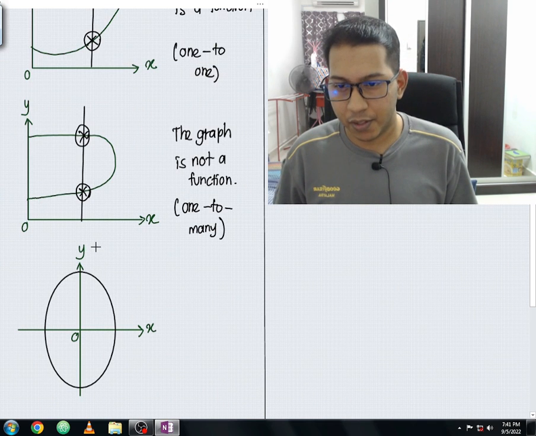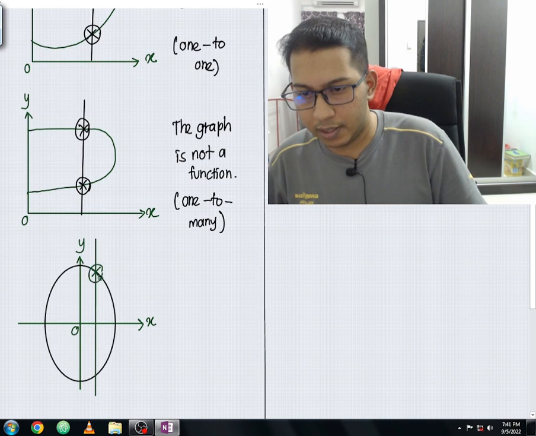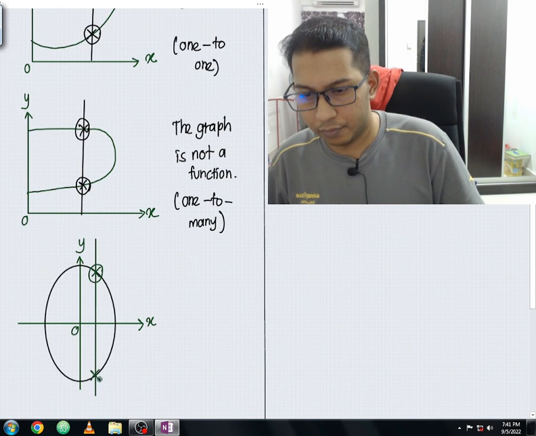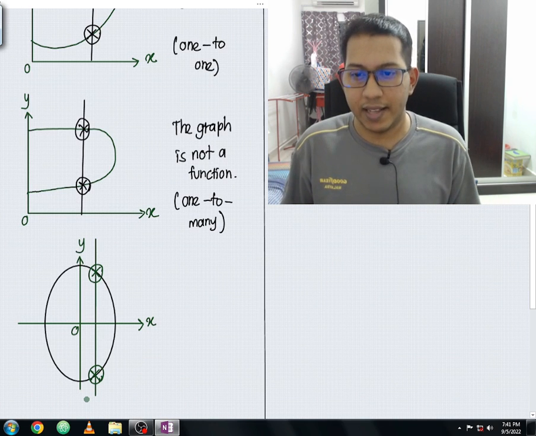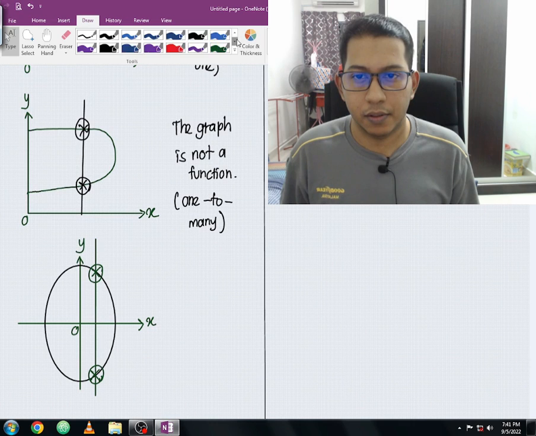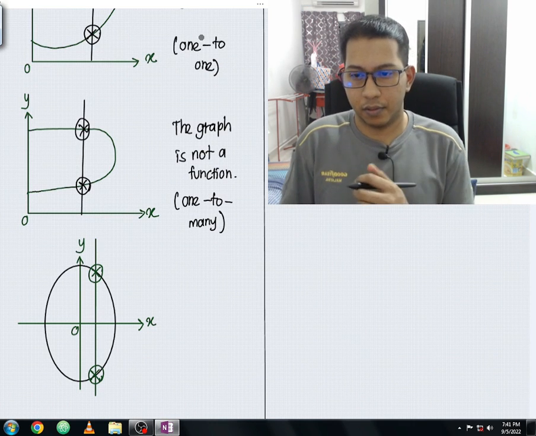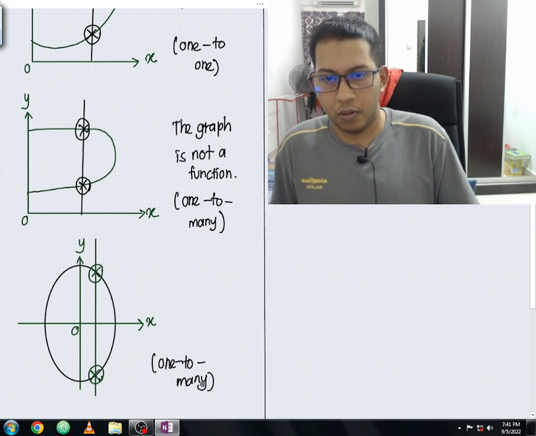So you're going to use the vertical straight line test. As we draw the vertical straight line, it intersects more than one point at a time. This is also an example of one to many.